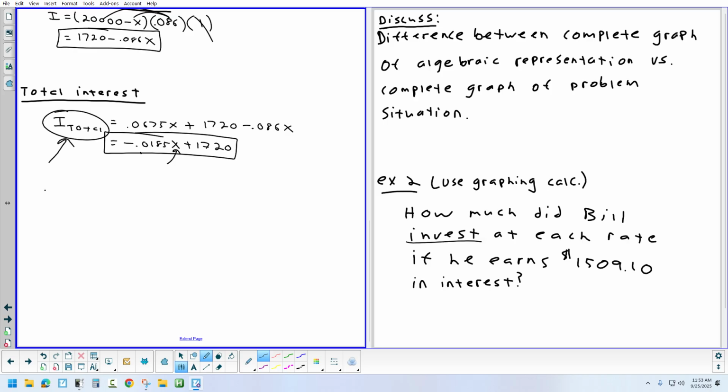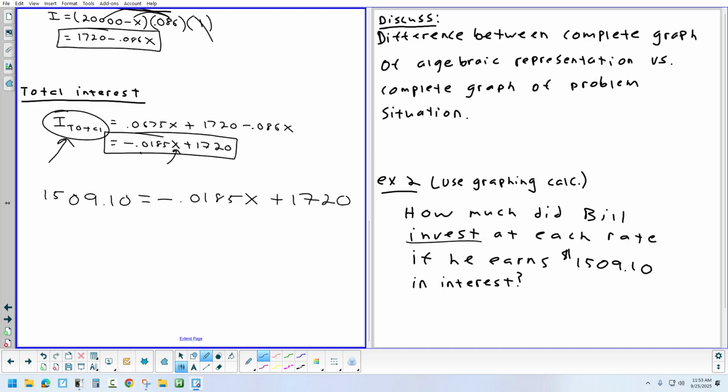So $1,509.10 equals negative 0.0185x plus 1720. And how would we solve that algebraically? What would be our first step?